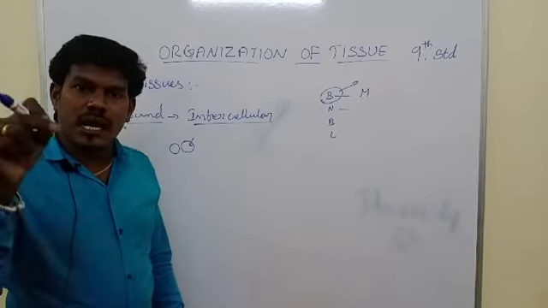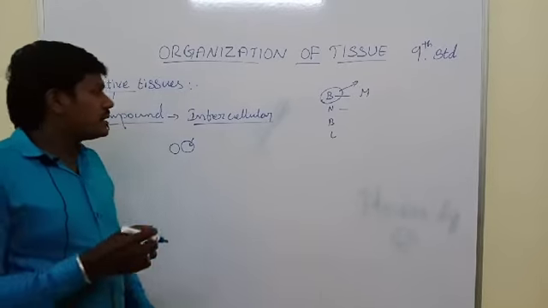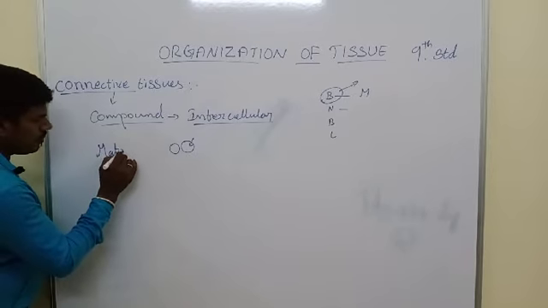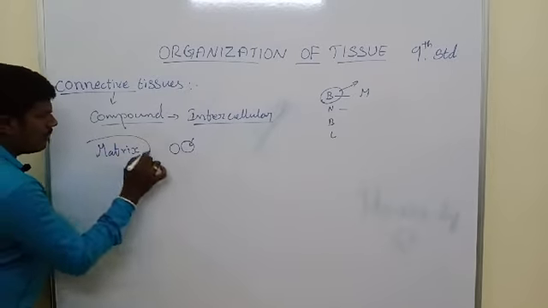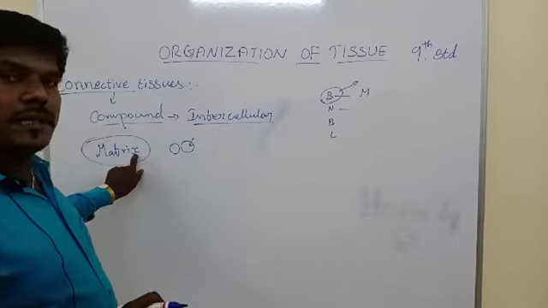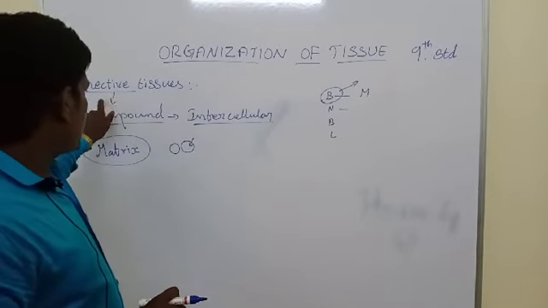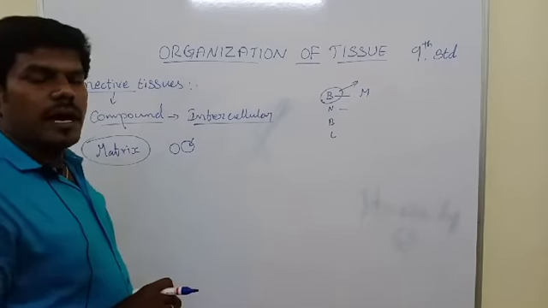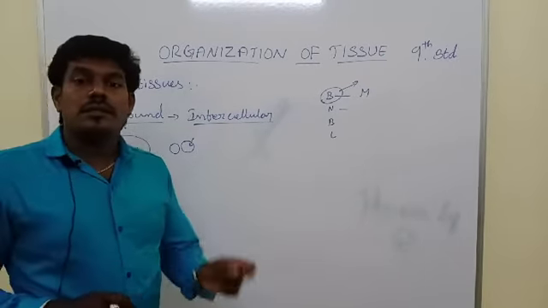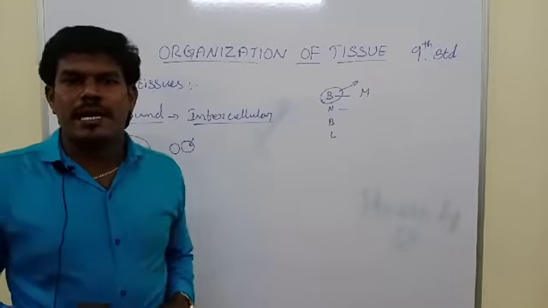Intercellular substance is known as matrix. This matrix substance is present inside the connective tissue, in the intercellular space of the connective tissues.